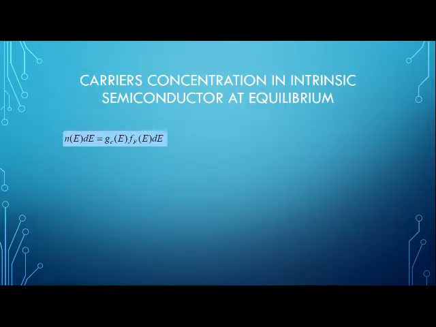N(E) is the population of electrons, which is the density of states multiplied by the probability of finding an electron in the conduction band, whereas P(E) is the population of holes, which is equal to the density of states of holes multiplied by the probability of finding holes in the valence band.